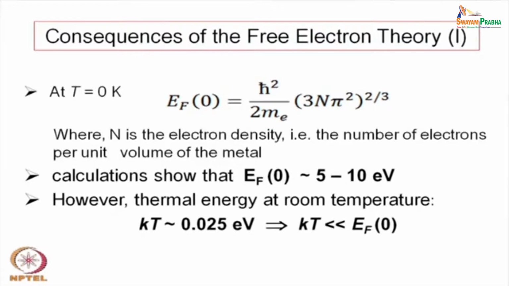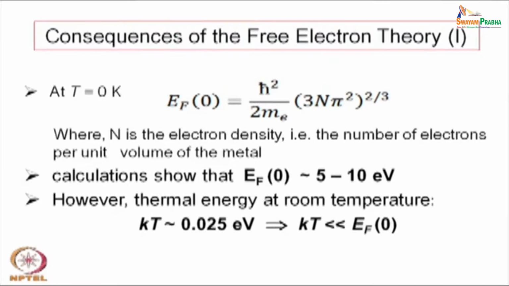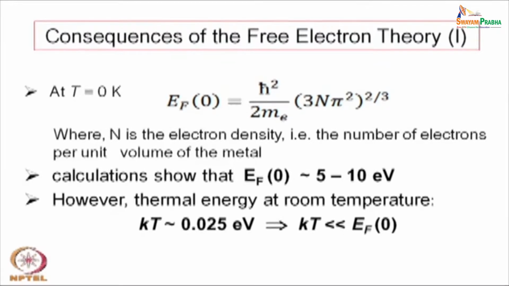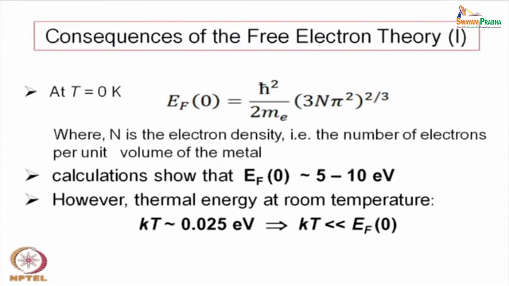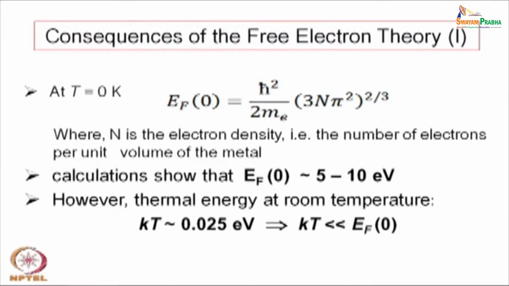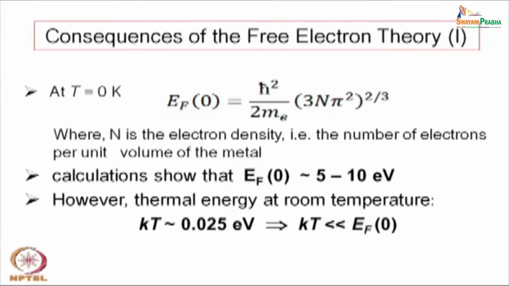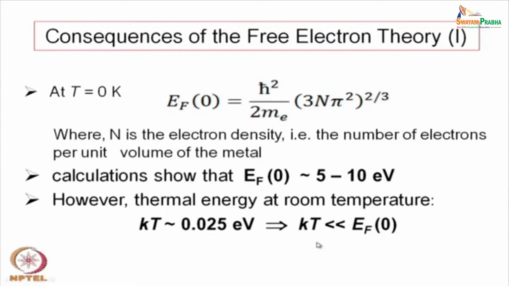Calculations show that EF at 0, that means at temperature 0, is about 5 to 10 electron volt. However, thermal energy at room temperature is much less. kT is about 0.025 eV. So, kT is much less than the Fermi energy at 0 degree Kelvin.